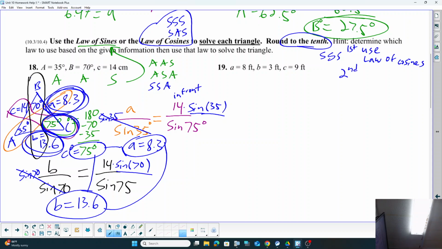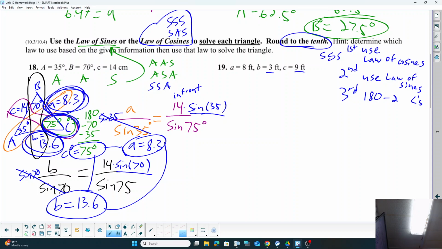Maybe second use law of sines. I don't know, this seems really big there. It's like tripled. But it is side, side, side. So first use law of cosines, then use law of sines, and then third do 180 minus the measure of the other two angles.